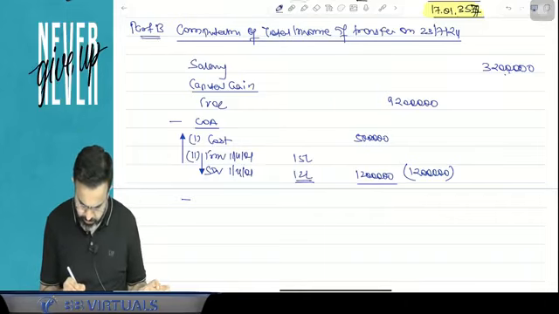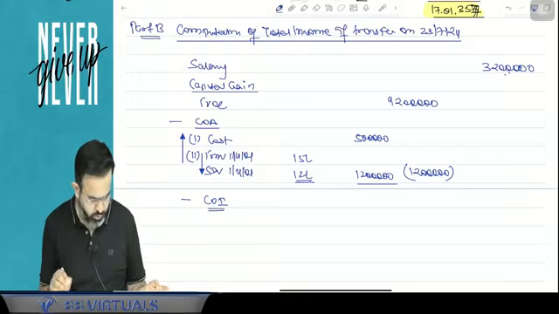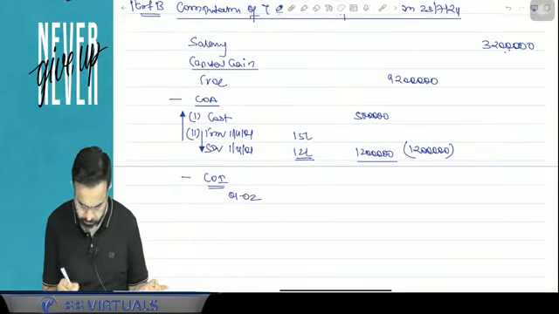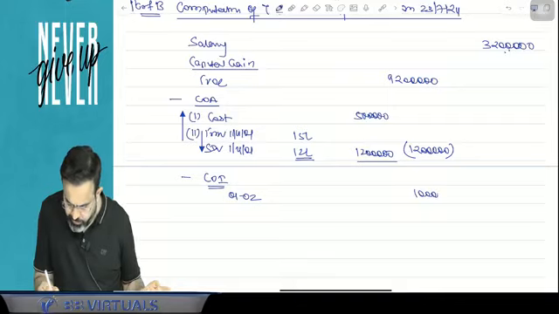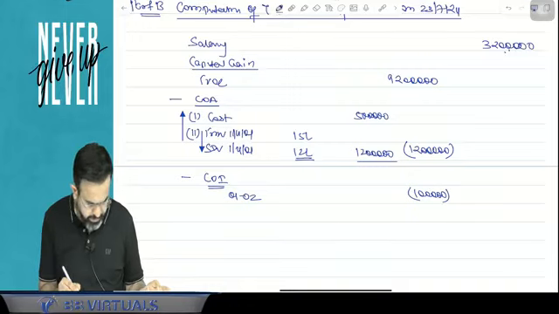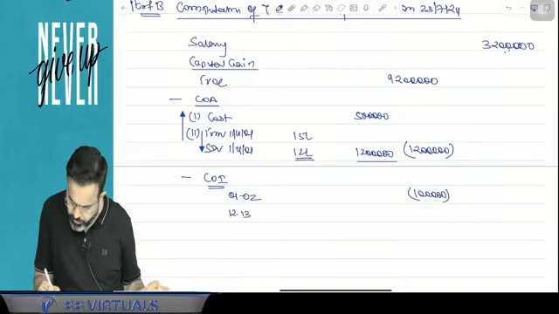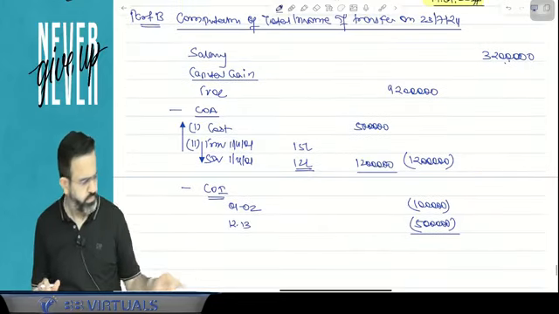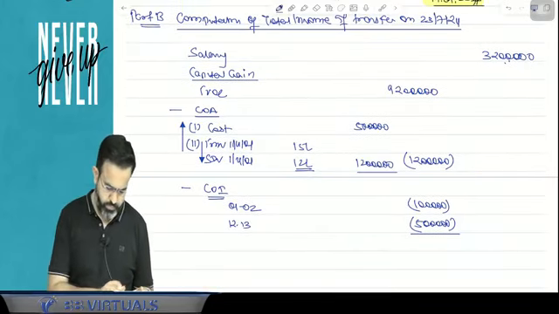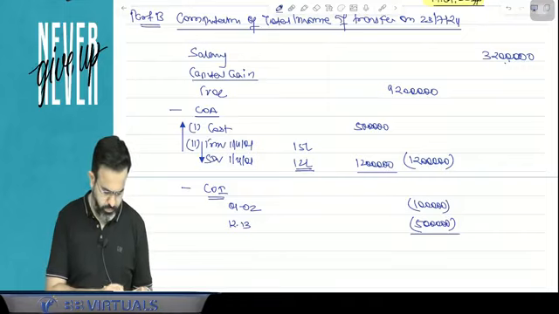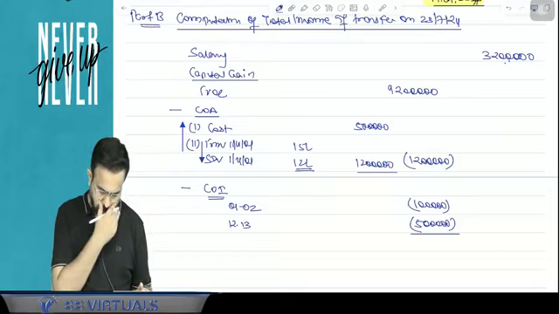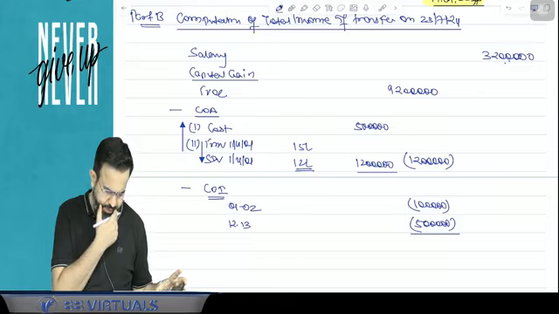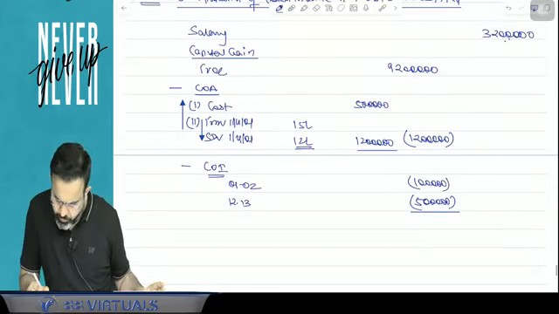After that, cost of improvement. Your 2001-02 cost of improvement is 1 lakh and 2012-13 cost of improvement is 5 lakh. So can I say that here it is 74 lakh?